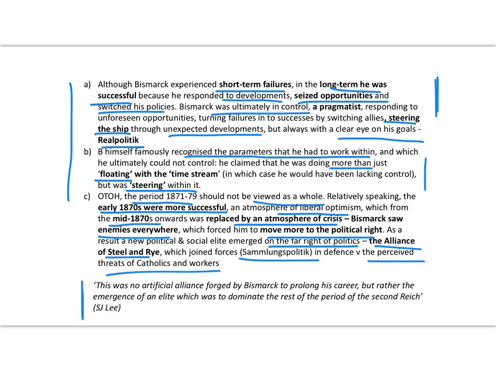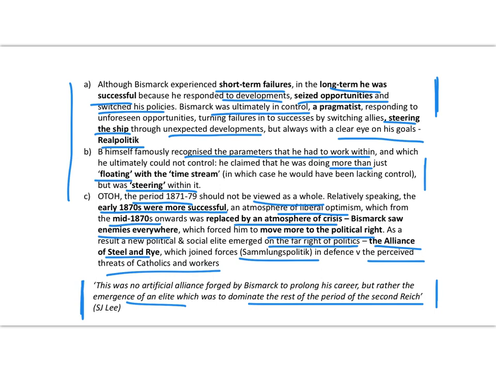So again, finishing off with a little quote from Lee. As I say, it's good to include a quote in the conclusion. So this was no artificial alliance forged by Bismarck to prolong his career, but rather the emergence of an elite which was to dominate the rest of the period of the Second Reich. It's a nice little quote, that, because Bismarck obviously did not survive beyond 1890.